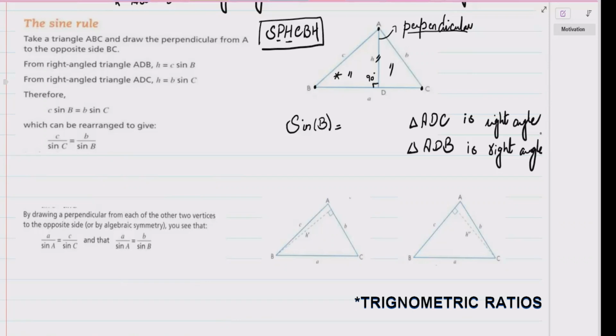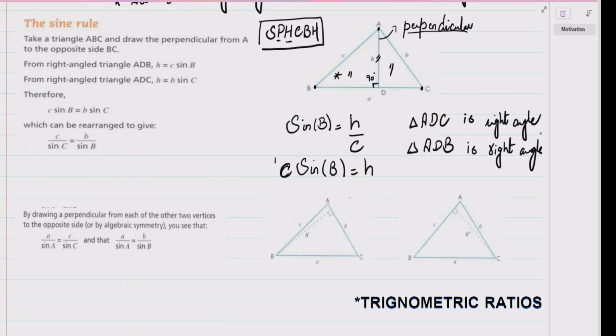Our perpendicular here is h, the line opposite the angle. The hypotenuse is the largest side, which is c. So we can find h by taking this c to the left hand side: c multiplying with sine beta equals h. This is small c sine beta equals h.